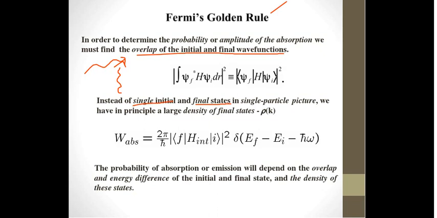The probability of absorption or emission will depend on the overlap and the energy difference of the initial and the final state, and the density of states. So it always depends upon the initial and the final state and the energy difference between them. These things are discussed based on the movement of an electron from a lower energy state to a higher energy state. Just keep in mind what we have studied in the first 2 or 3 slides.